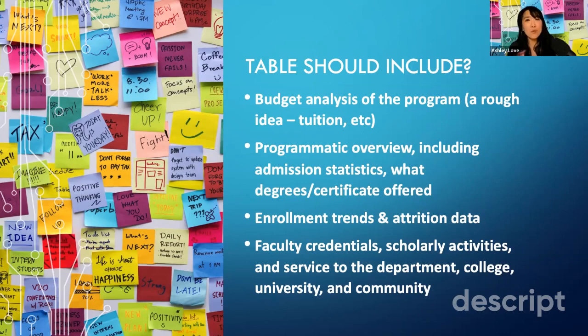You want to just see what program, what degrees are given, what enrollment trends, if they have it, to get a feel for whether or not the program that you are proposing is feasible. A lot of times when we look at the budget analysis, we're going to look at market analysis. The program in your head and your small circle of colleagues and supporters may say, ooh, that sounds wonderful. I think there's a need.